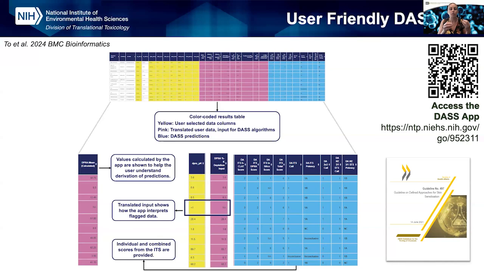And so to facilitate more widespread uptake and to remove the potential for human error, we developed what's called the DAS app, the Defined Approach for Skin Sensitization app, that's available through the NIHS website, that allows users to just upload their own data or pull in data from our Integrated Chemical Environment and automatically apply the defined approaches that are in the OECD test guideline.